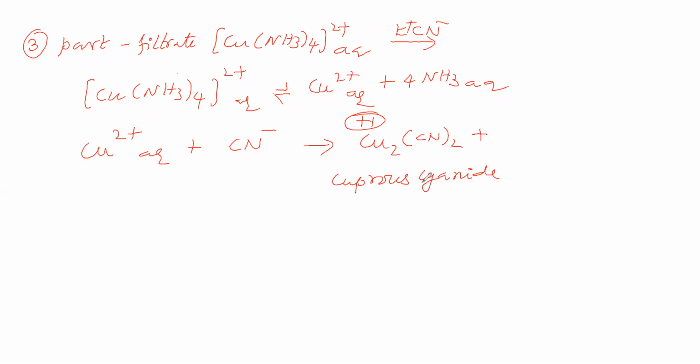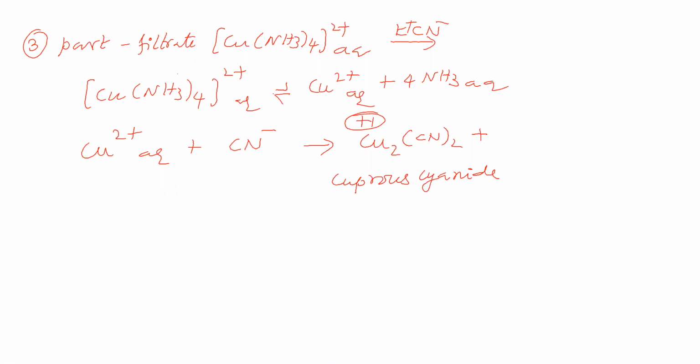So cuprous cyanide we have to write in dimeric form, Cu2(CN)2. We should not write CuCN. Copper is +1, cyanide is -1, but we have to write it in dimeric form, Cu2(CN)2, as cuprous exists in dimeric form.